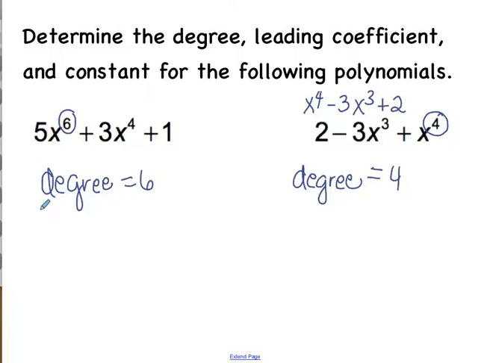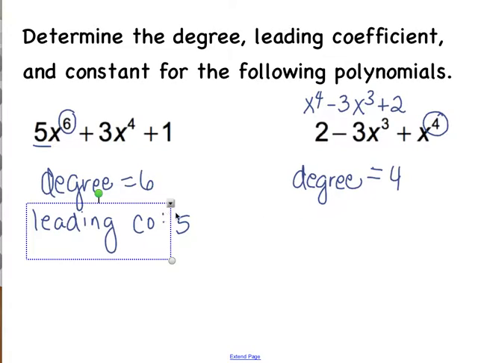The next thing I'd like to talk about is the leading coefficients. The leading coefficient is the number in front of the variable with the highest exponent. So in this case, it's 5.